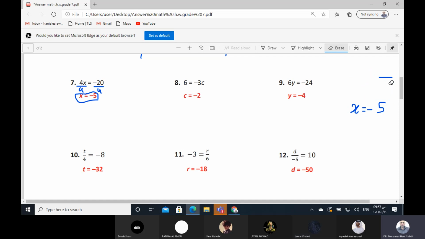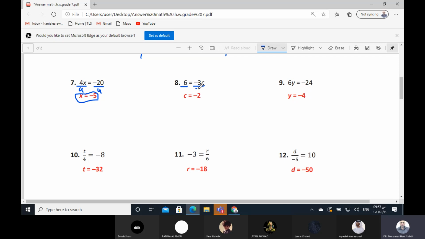Who can help me? Who can solve exercise number 8? Right. What is the coefficient here? Mr., can I help you solving this? Yes. Here is times, so we're going to divide by minus 3.